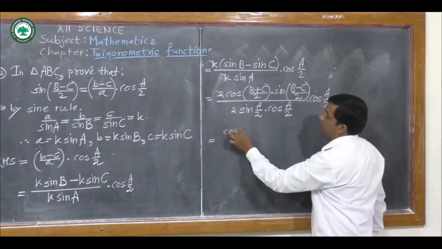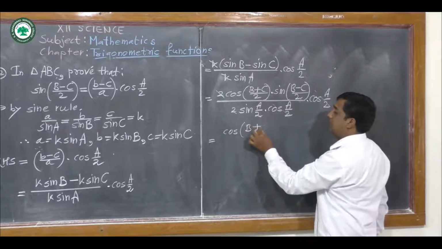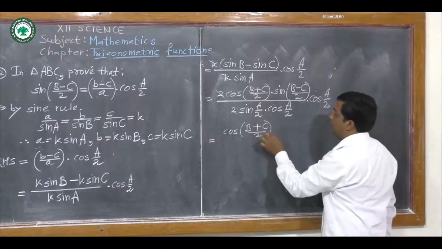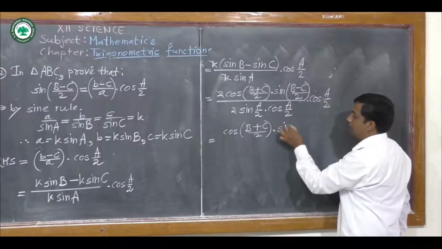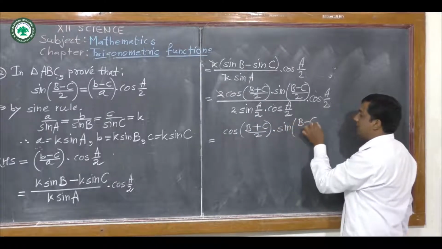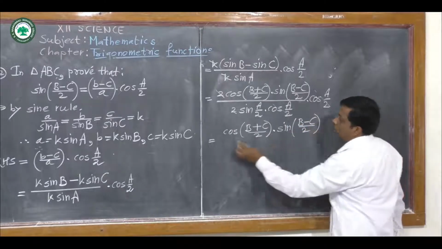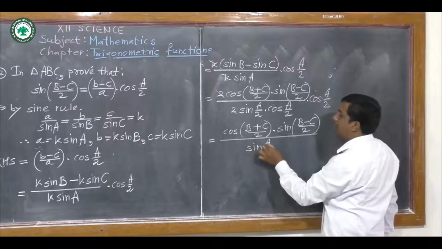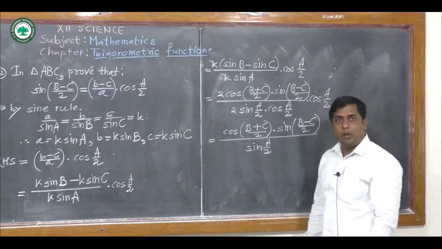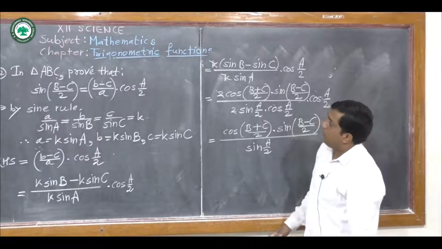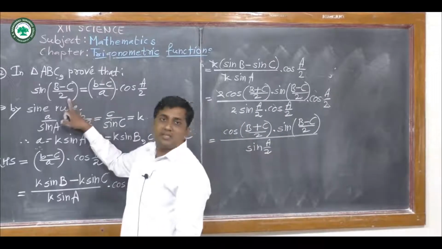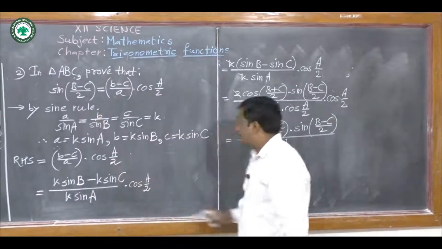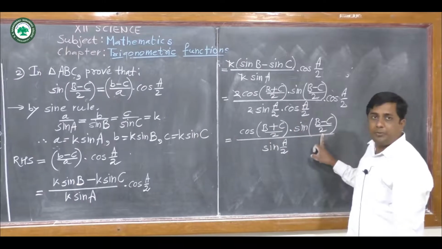Here remains cos of (B plus C) upon 2 into sine of (B minus C) upon 2, and this whole divided by sine of A by 2 only. Now we want only sine of (B minus C) by 2, and we already have sine of (B minus C) by 2.